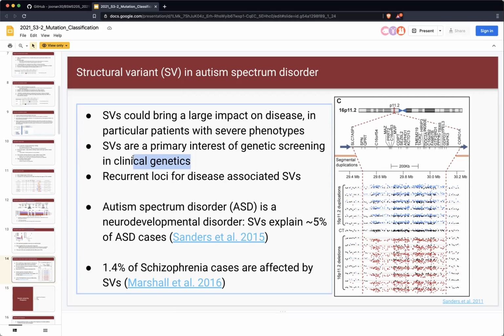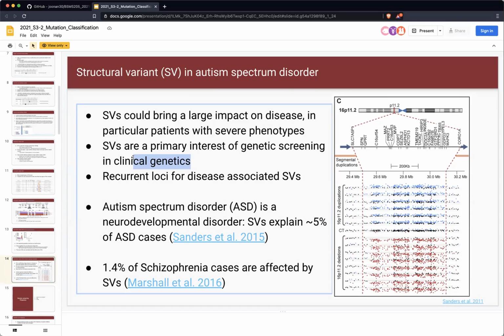Over many years we did some studies, and we have deep knowledge of which loci frequently have structural variation associated with certain diseases, right? In other words, the genomic locations where structural variations are observed in patients with critical disorders.